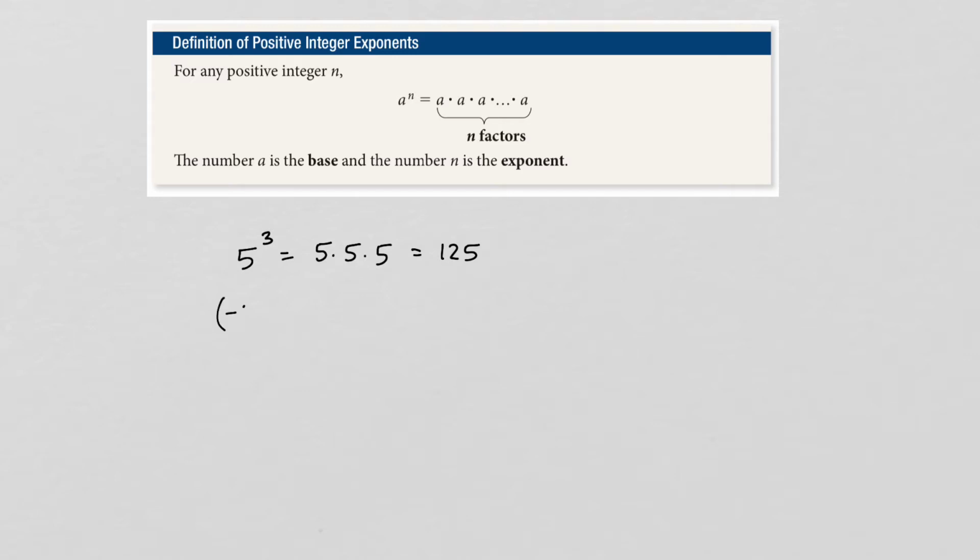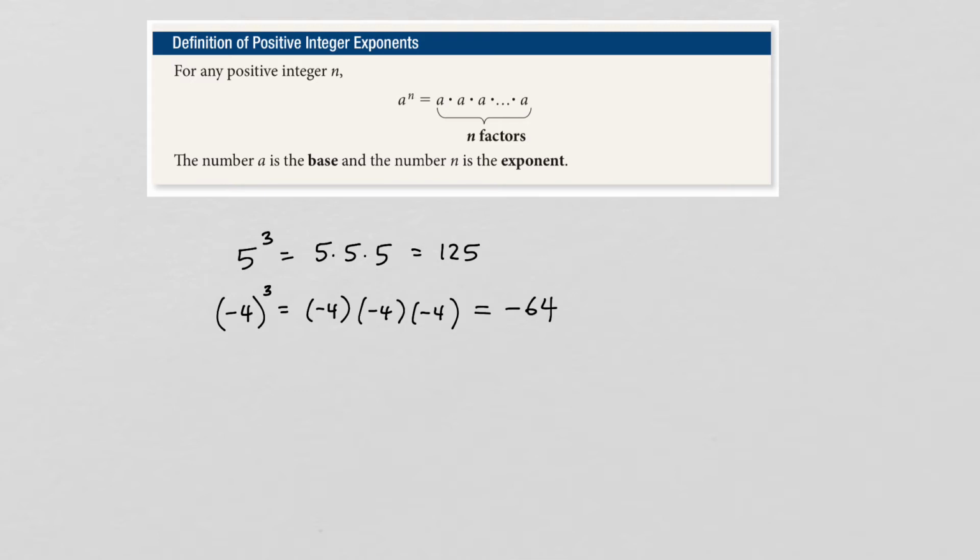If you have an expression negative 4 to the third power, this means negative 4 times negative 4 times negative 4. And this would be negative 64. And it's negative because the product of 3 negative numbers is a negative.